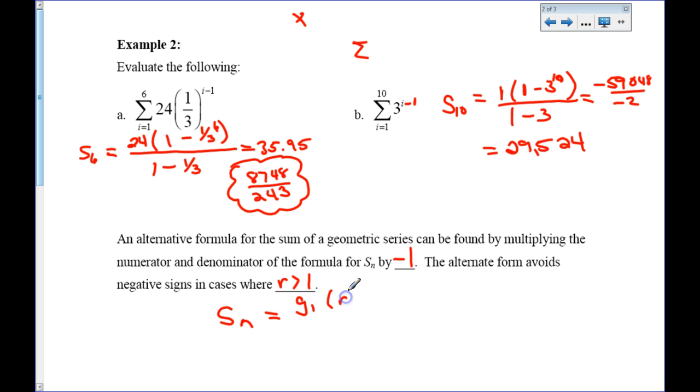Then you're not dealing with negatives for when r is greater than 1. This means the exact same thing. You'll have the same answer. So whichever one you want to use is fine by me. It gives you the exact same answer.